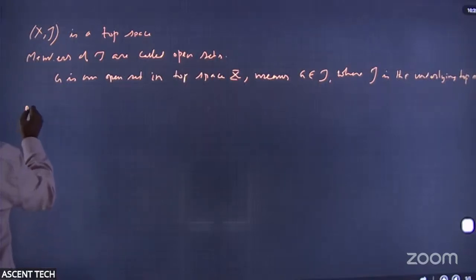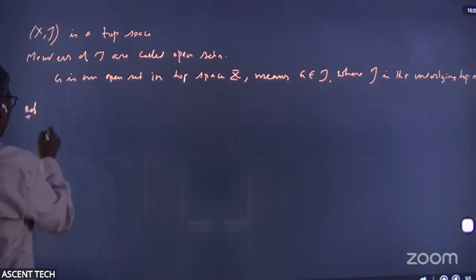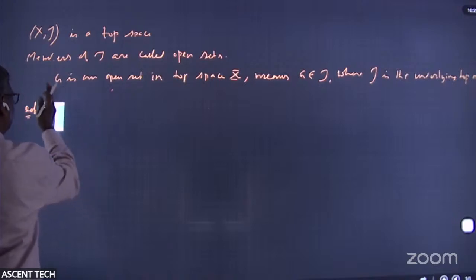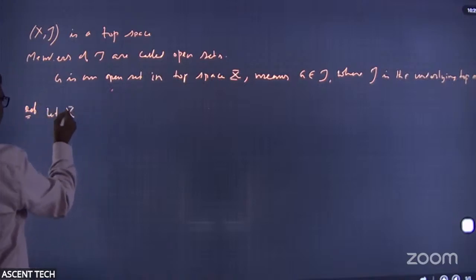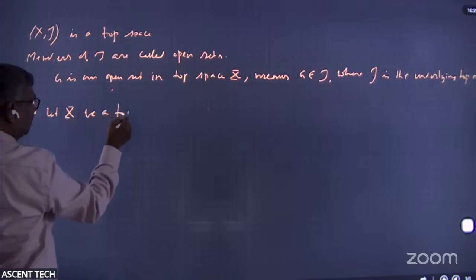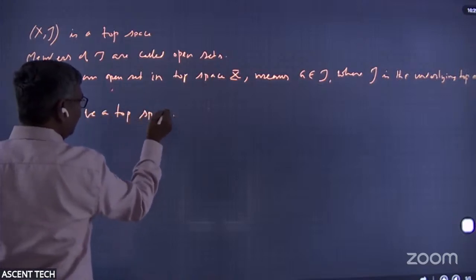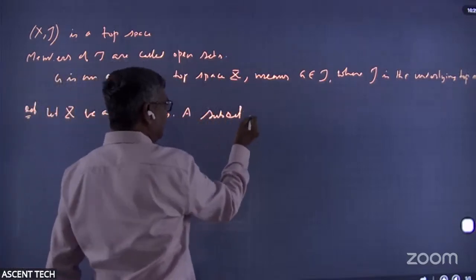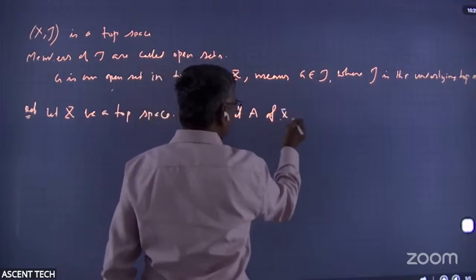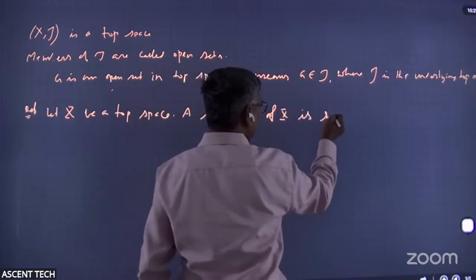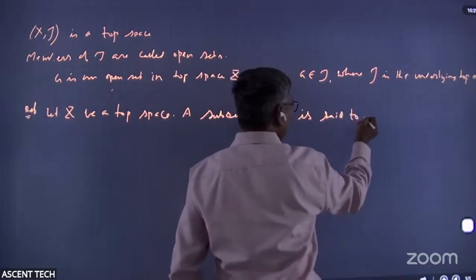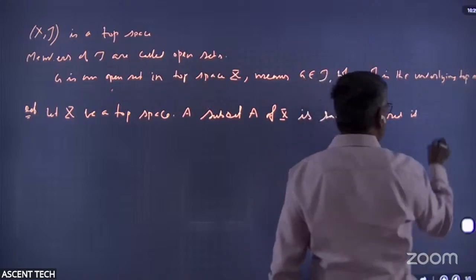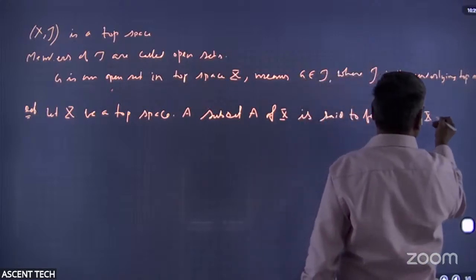That was the definition. This is already there in your notes. Okay, I have a topological space. A subset A of X is said to be closed if the complement of A is open.